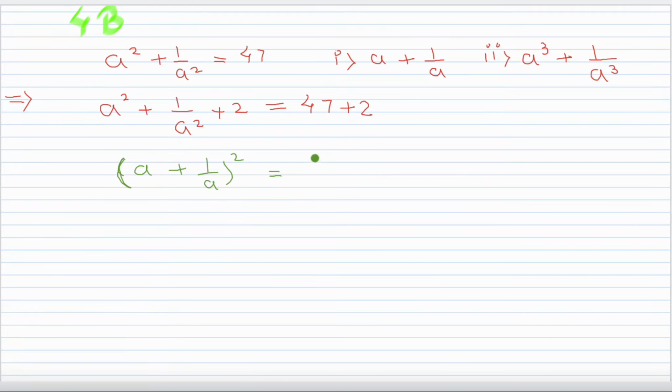So here you will get 49, right? Now a plus 1 upon a is equal to the square root of 49, remove this square, so your answer will be a plus 1 upon a is equal to plus minus 7.